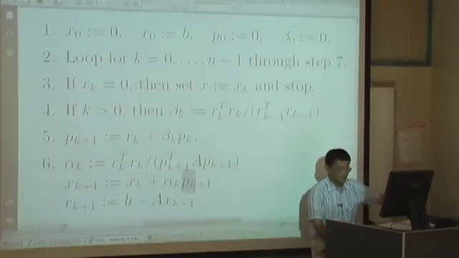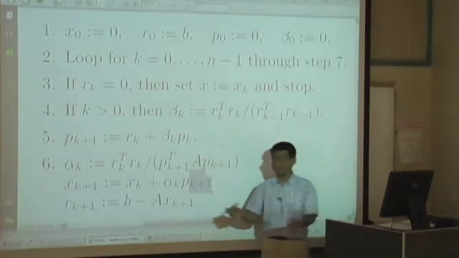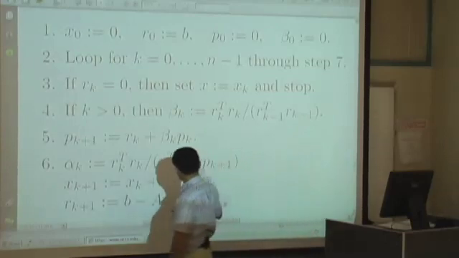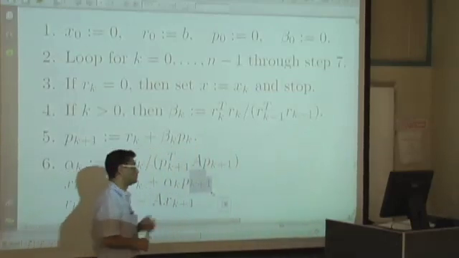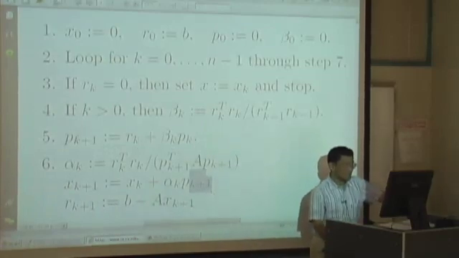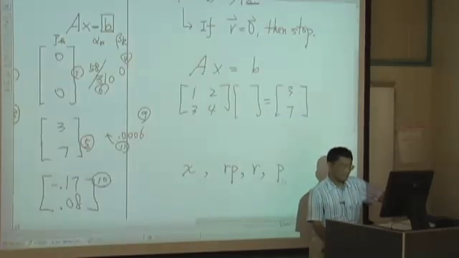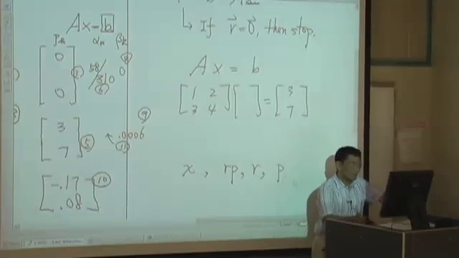I was confused between this. I thought it was pk, but it was p sub k plus 1 attached together. Sorry for that. This is a subscript. So once we set new pk plus 1 after this, always the new k plus 1 is used. So we don't need two memory spaces. Then finally, alpha and beta.